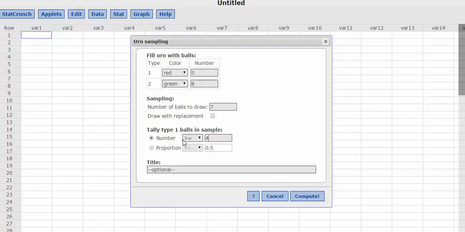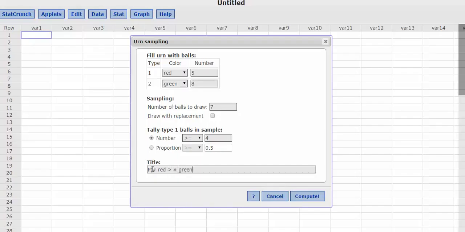Now, you have to be careful. Sometimes you run out of red balls and you can't do it, but in this case, we can do both 4 and 5. I'm going to give this a title: probability that number of red is greater than number of green.